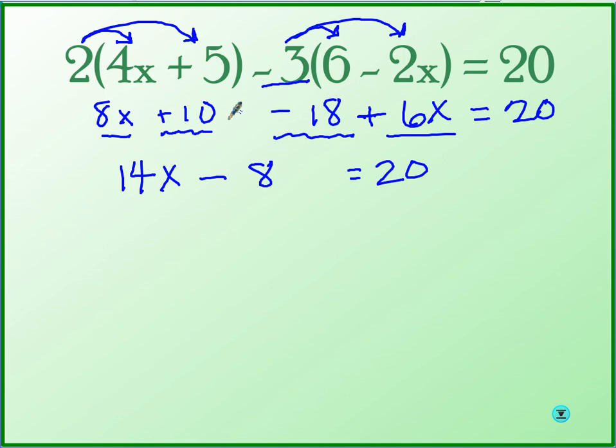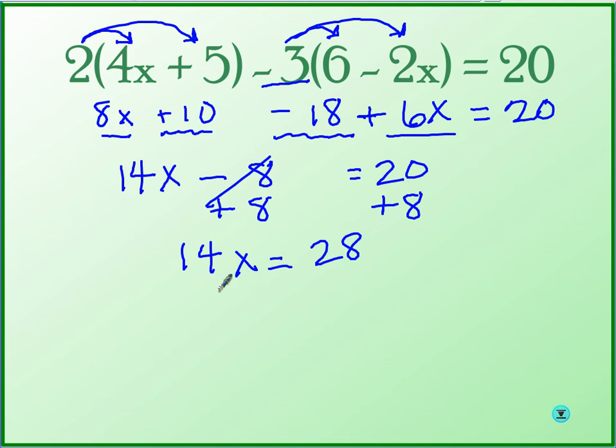After distribution and combining like terms, I take care of my constant, which means I need to add 8 to both sides. I get 14x equals 28. And last but not least, dividing by our coefficient leaves me with x equals 2.